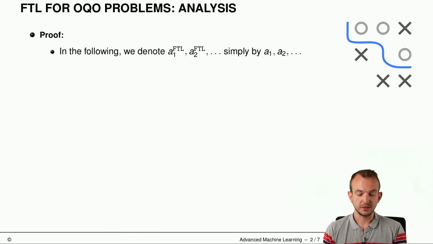Okay, so to make life easier, we will denote the sequence of the actions taken by the follow the leader algorithm without the superscript. We know right now that we are dealing with the follow the leader algorithm.